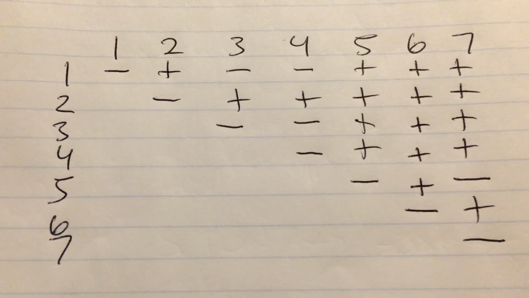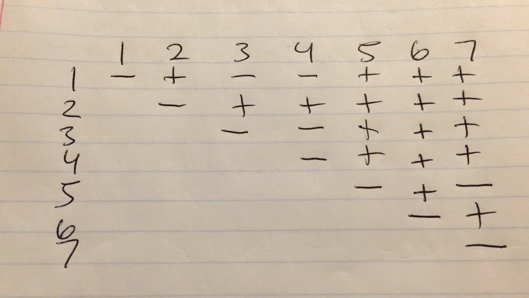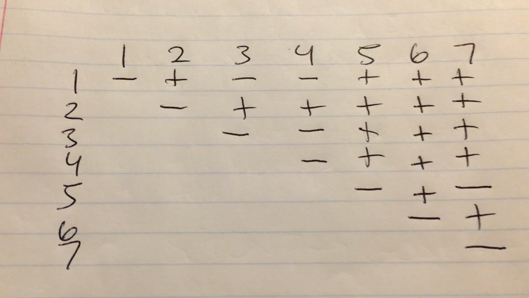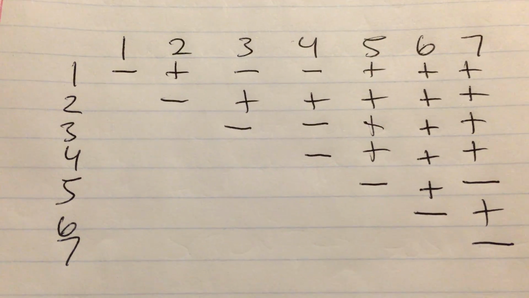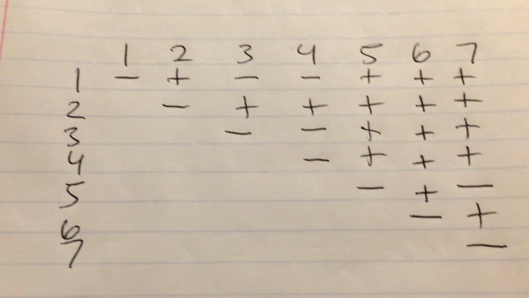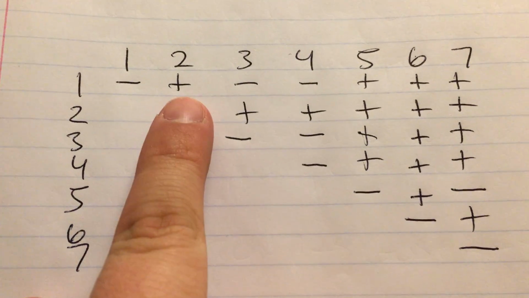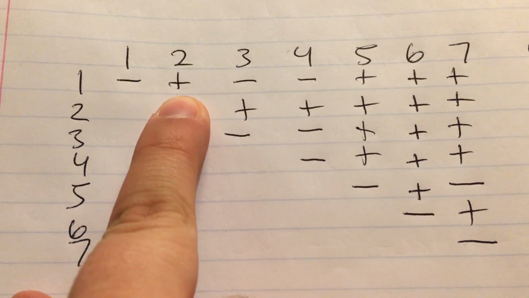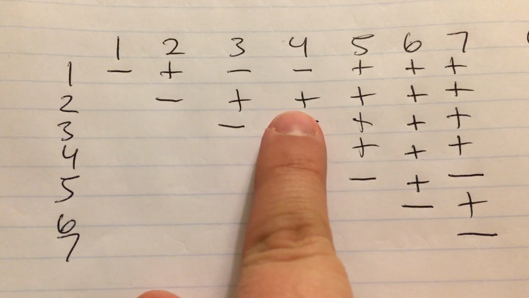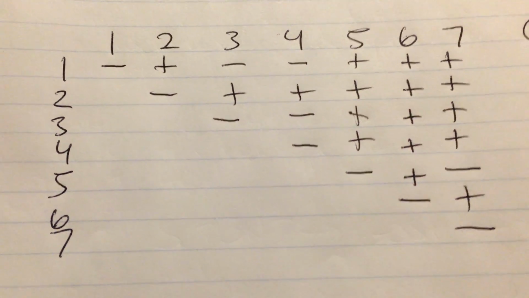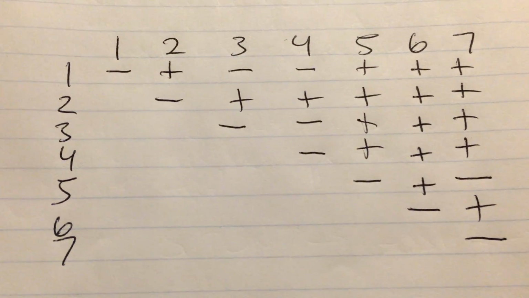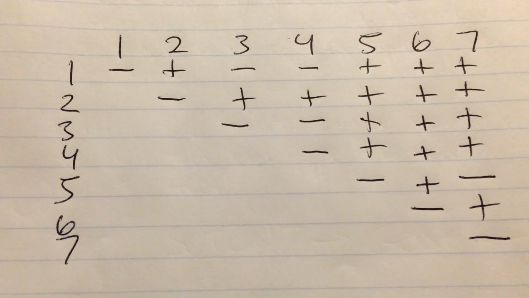Because it complements each one of the other mutations, I know that 6 belongs to its own gene and its own complementation group. When I look at all of 2's crosses, it complements 1, 3, 4, 5, 6, and 7. Therefore, I know that 2 also belongs to a separate group.